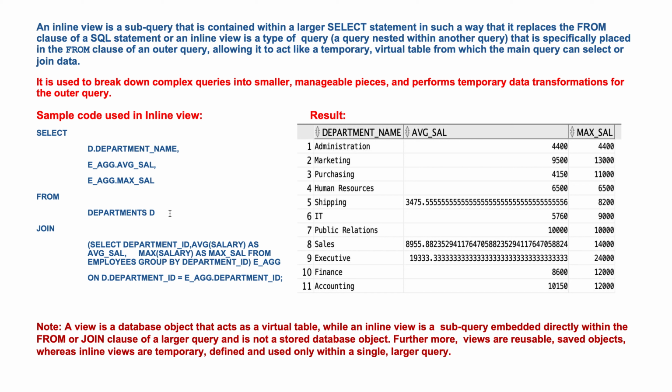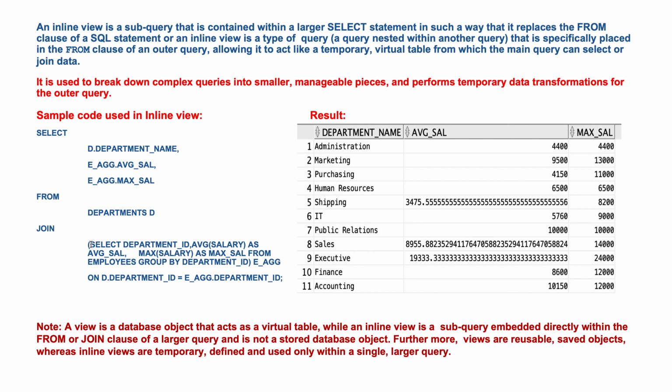From departments D, now join means if we don't mention any type of join, that means it is an inner join. Inside the parenthesis, we use select department underscore ID, average salary as average underscore sal, maximum salary as max underscore sal, from employees group by department underscore ID, parenthesis close, and its alias name is E underscore aggregate.